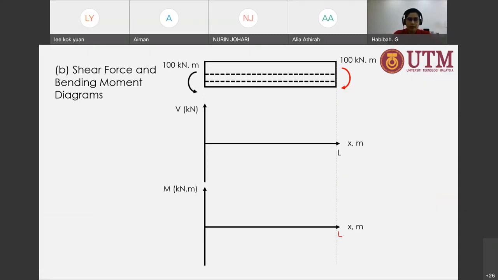So obviously, there's no force that is going to want to have this beam shear. Like if we have distributed force going downward, obviously there's going to be a shear force that's going to prevent it from being sheared. Okay, so it's like this. You can see what I'm doing.